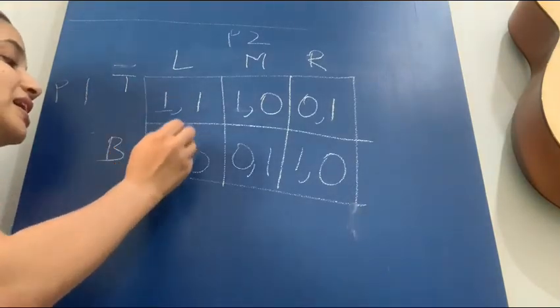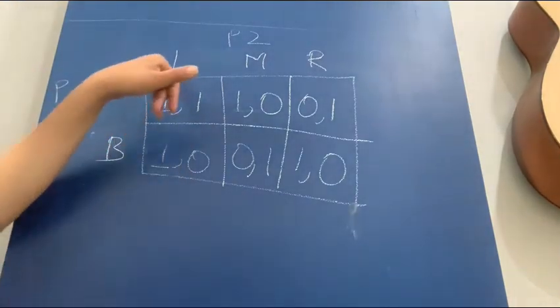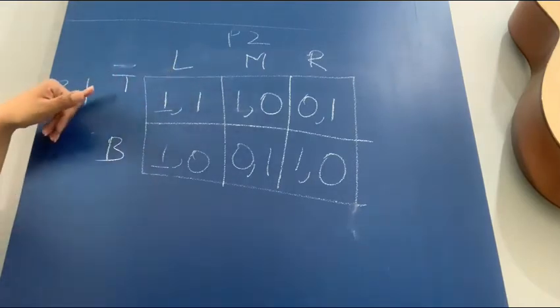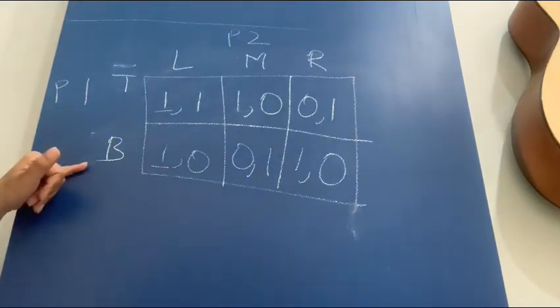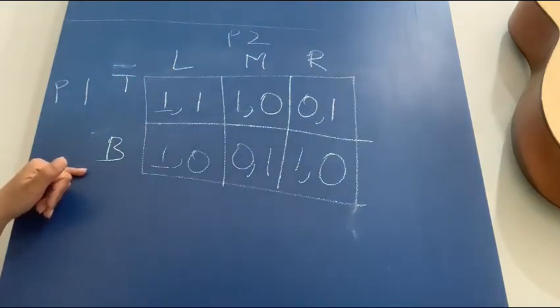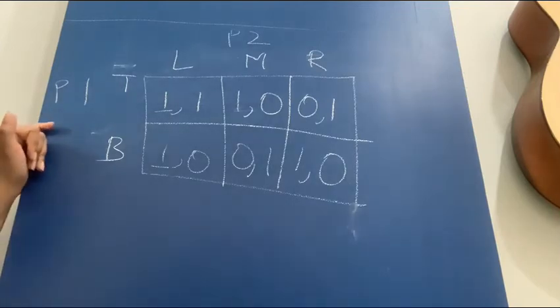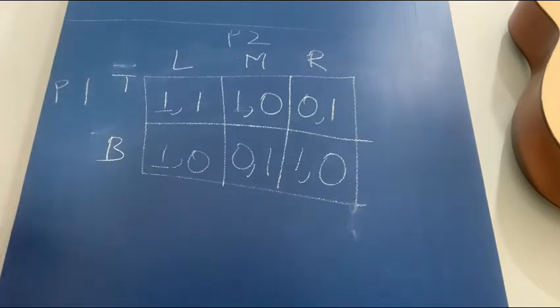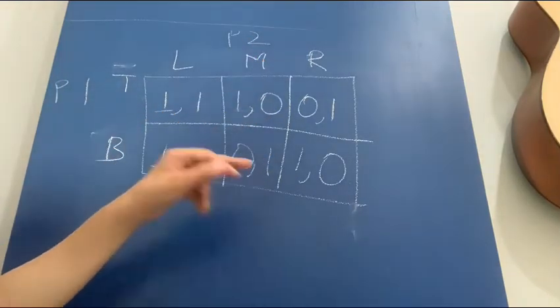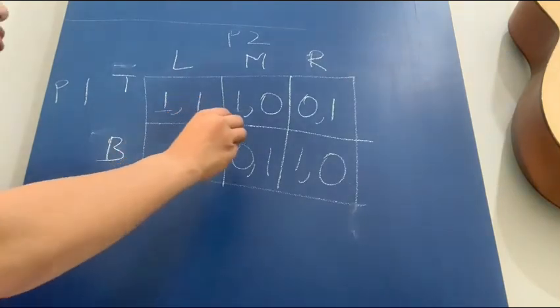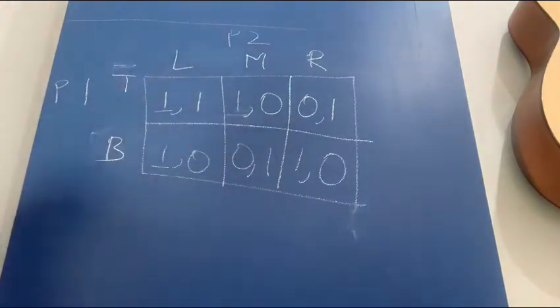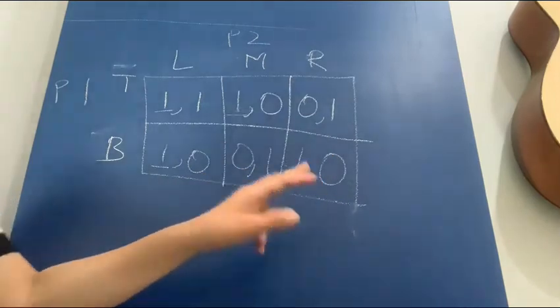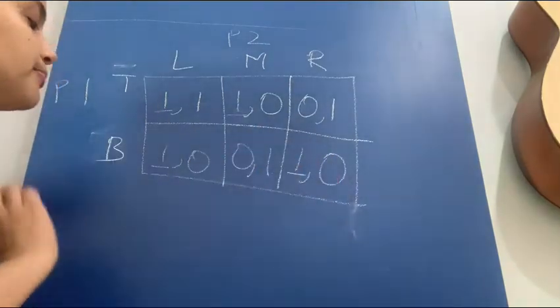So in the situation where player 2 has played L, actions T and B are giving the same payoff to player 1, which implies that player 1 will be indifferent between playing T and B. If we go to the second column, player 1 should choose T because that's giving a higher payoff. If we go to the third column, player 1 should choose B.